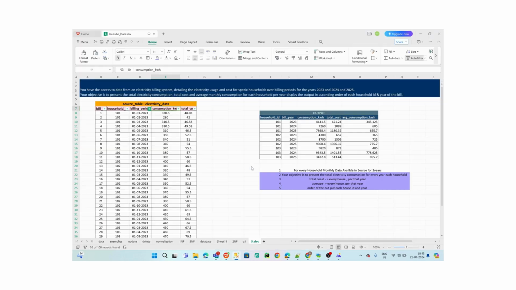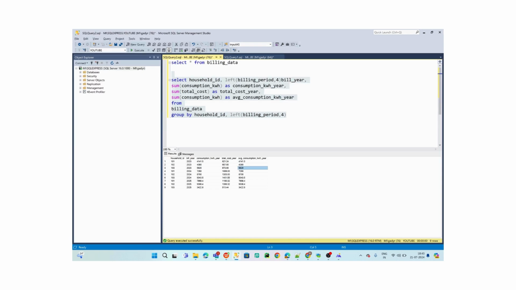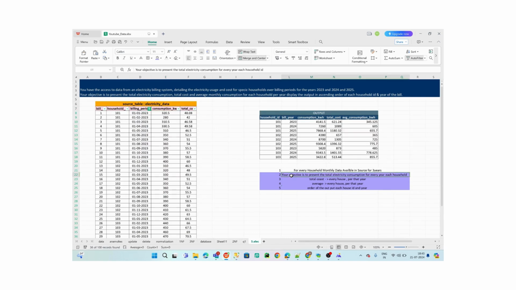Okay, now what else do we need? We have to do these four things. Your objective is to present total electricity consumption for that year, total cost, which we did, and average also, for that particular house and for that particular year.